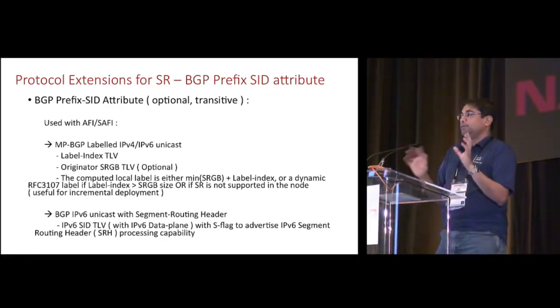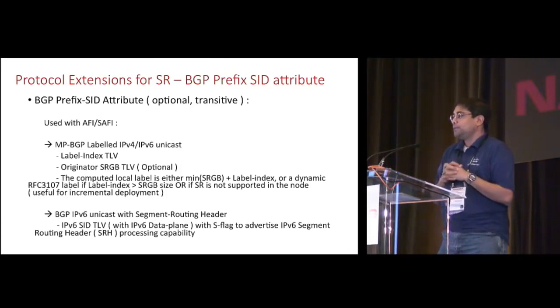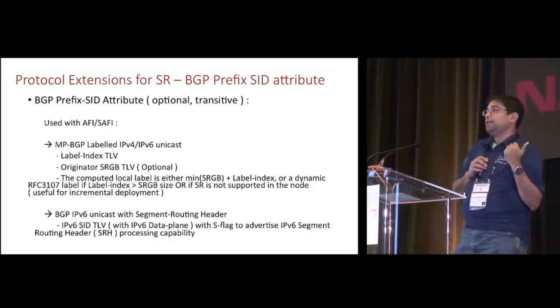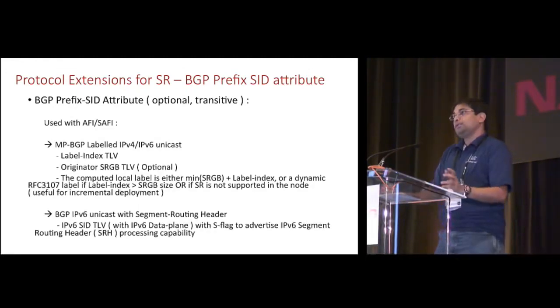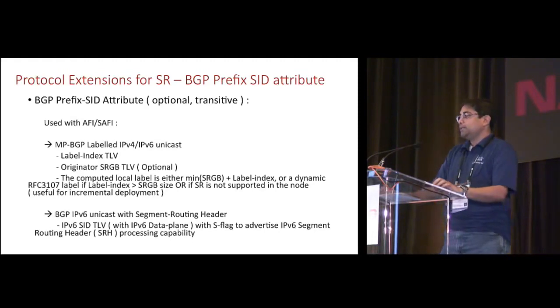You use these two values to calculate the label, essentially, which should be attached to that prefix. And then here's the example of the incremental deployment I was talking about earlier. If some of your nodes do not support this, they can simply use the regular BGP 3107, which is labeled unicast, and you will still be able to carry on the traffic as you did already.